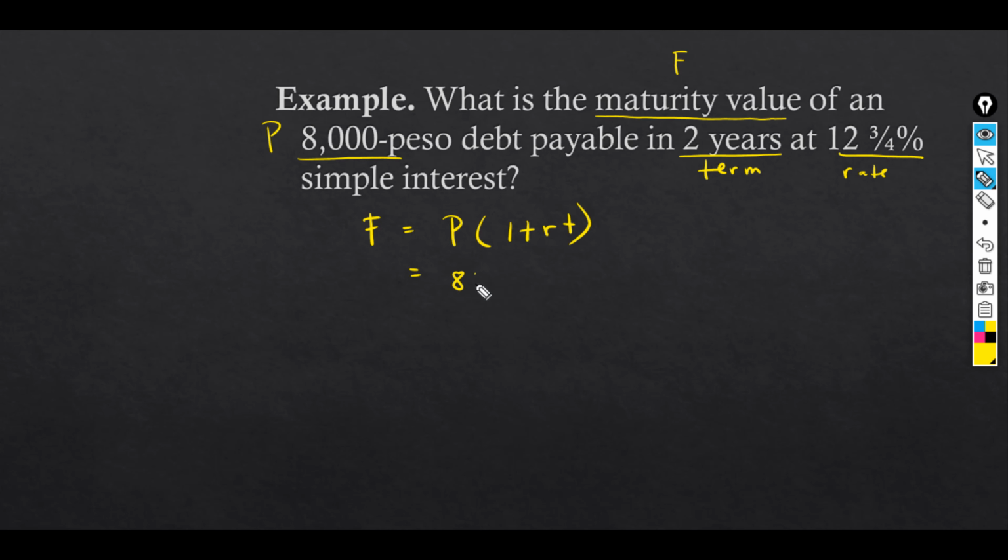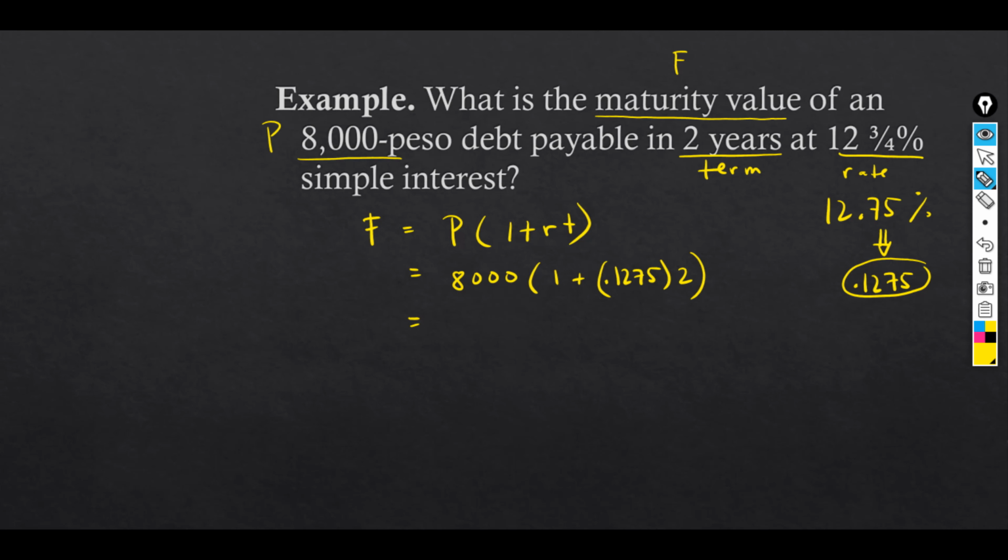P is 8,000 times 1 plus the rate. You can convert it to decimal. First the fraction: 3/4 converted to decimal is 0.75%. Converting the whole rate to decimal gives 0.1275. So 1 plus 0.1275, times the term, 2 years.